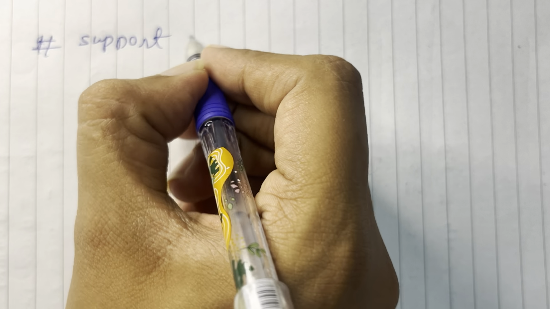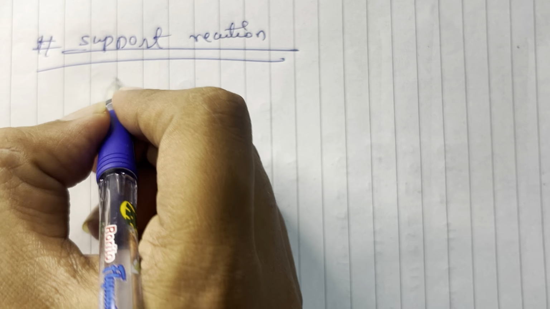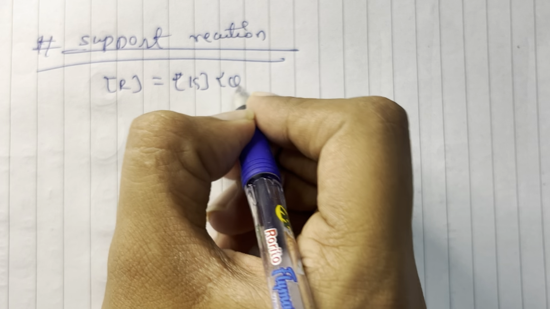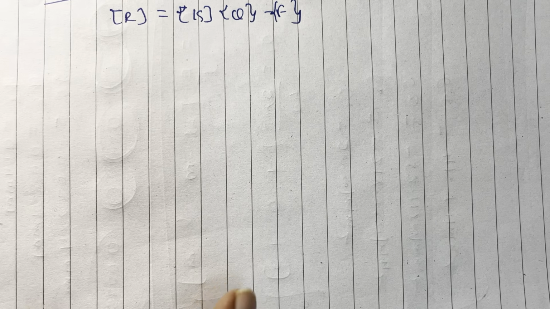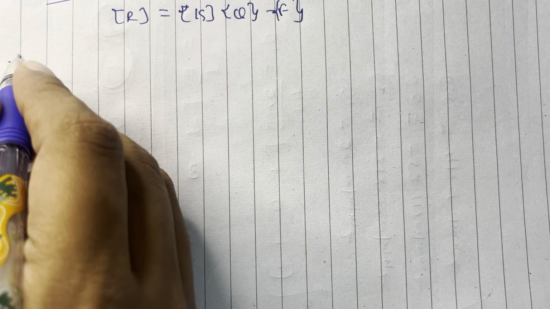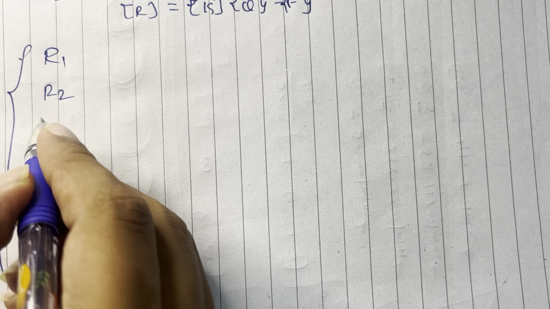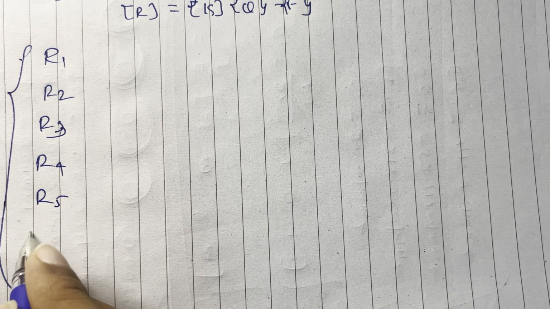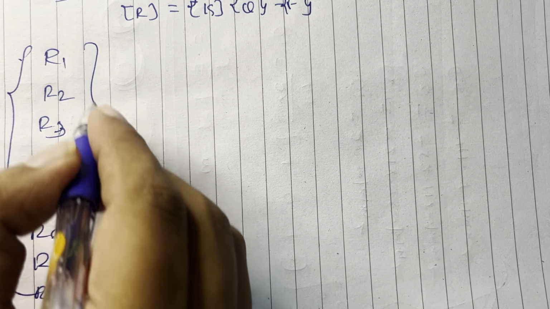Support reaction, that is R is equal to K Q minus F. Okay, so I will write the entire matrix here: R1, R2, R3, R4, R5, R6, R7, R8.